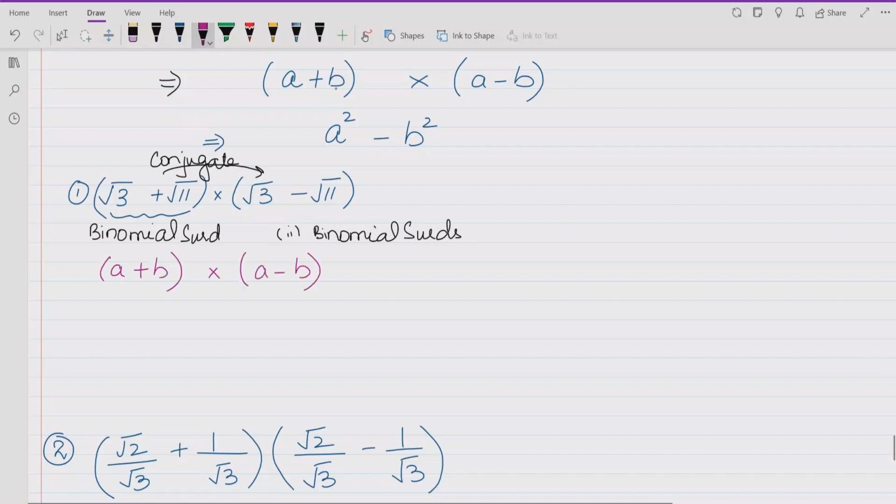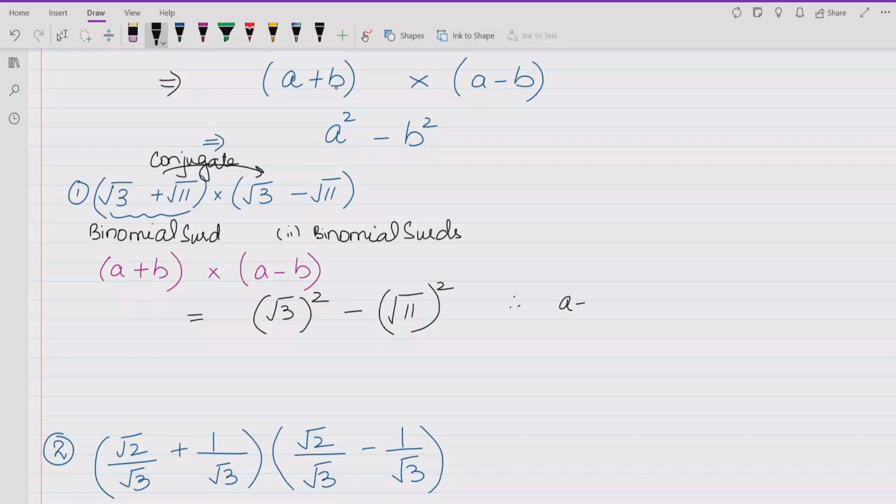So we write this formula, root 3 squared minus root 11 squared, so that the examiner can see how we solve it.